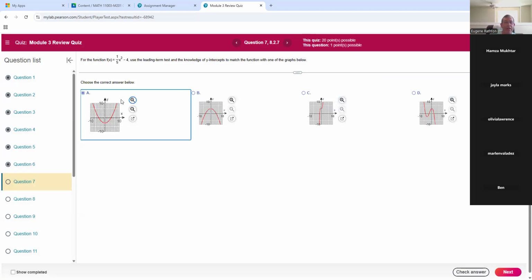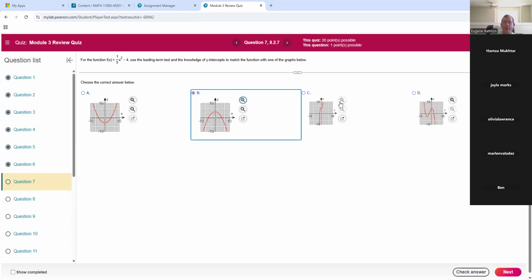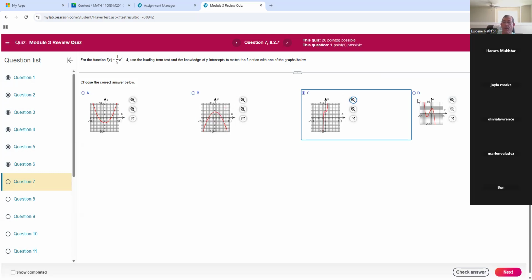Oh, y'all, let me make these graphs a little bigger. And they're basically wanting you to use that chart we used for number 1. So this has a degree 2, because of that x squared.